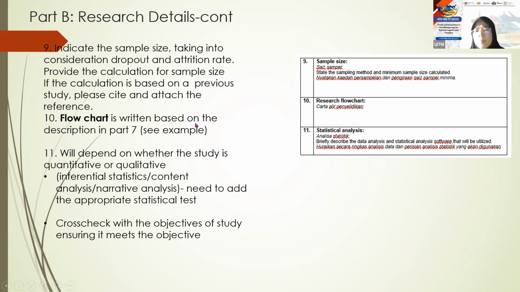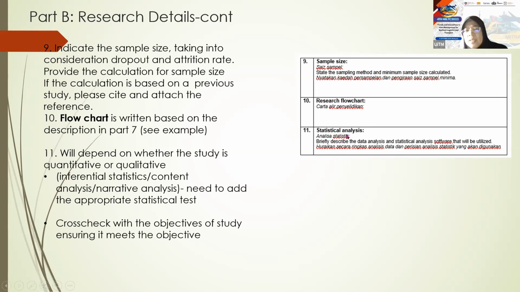This flow chart will be based on the description that you have done earlier in session 7, where you read out about your research design, research methodology, and so on. Summarize that in the form of a flow chart, then put it in here.